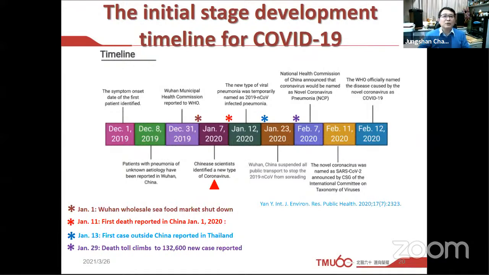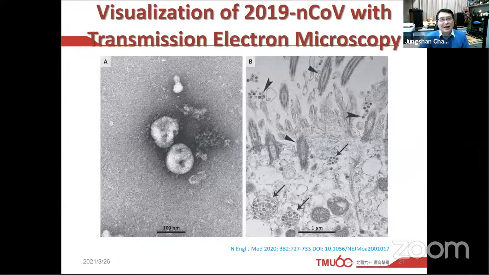Now we are looking at how the infectious agent was determined. On January 7, 2020, the first infectious agent was isolated and determined. You can see this TEM picture was taken from a patient sample of bronchoalveolar lavage fluid.